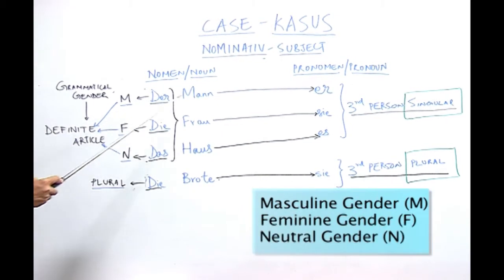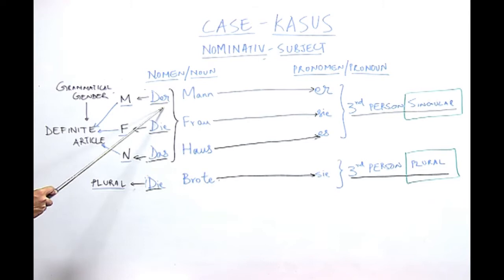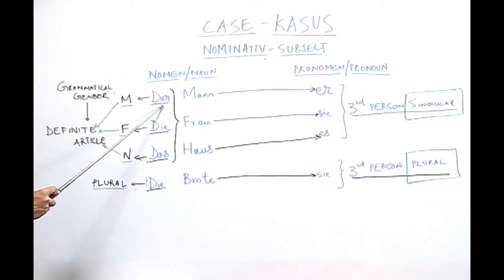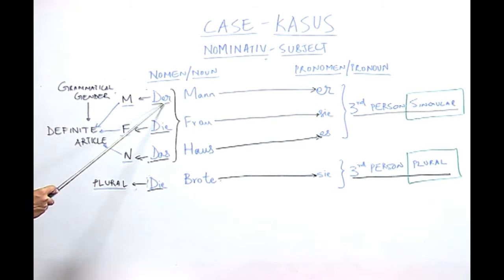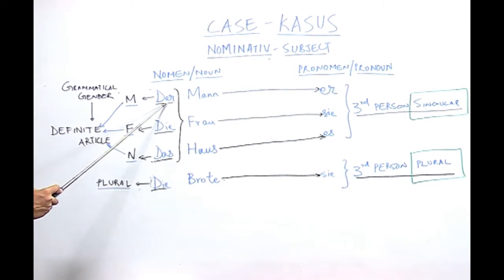To mark any noun with the masculine gender, we use this word der, which is called the article der. Please repeat after me, der.